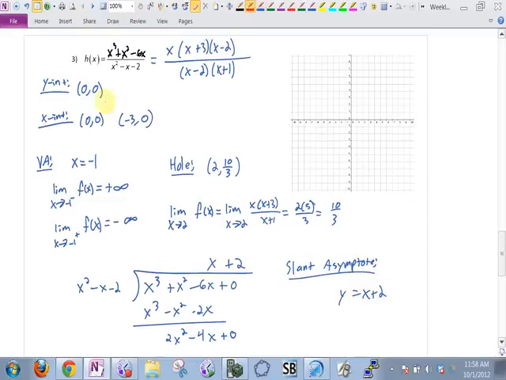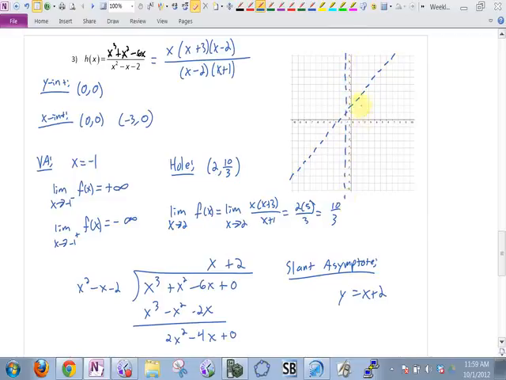So grading wise, there's 1, 2, 3, 4, 5, 6, 7, 8 points. And so then your 9th point is the drawing. So we have slant asymptote, vertical asymptote at, where is that, -1?